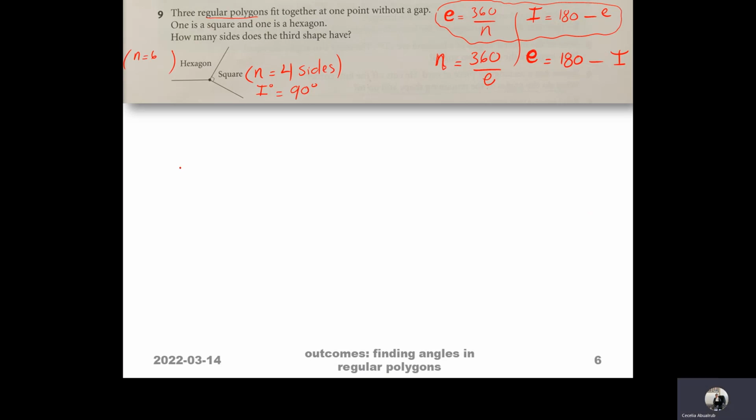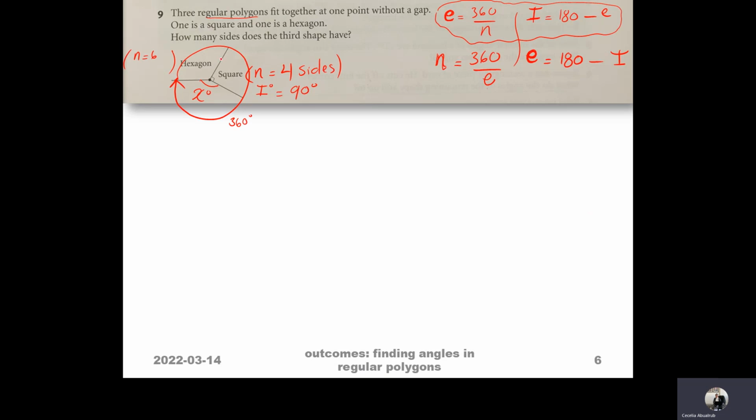How many sides does the third shape have? So this third shape here, let's give it the angle X. And these three angles here are angles at a point, they add up to 360 degrees.